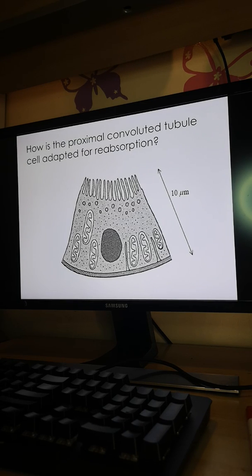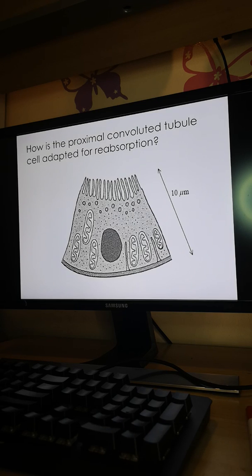This is a good one for essays because you already know all these adaptations, but it gives you a higher level context than talking about the small intestine and absorption of products of digestion. So just have a little pause there and have a think about how, from this picture, this convoluted tubule cell is adapted for all this reabsorption.